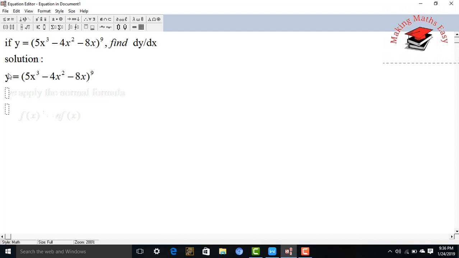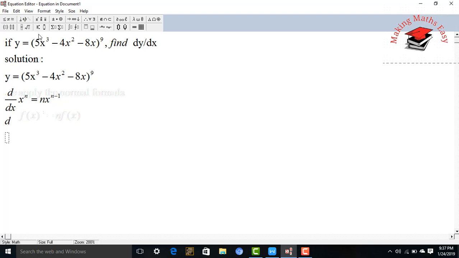In that we have the first formula: the derivative of x raised to n is d by dx of x raised to n, equal to n into x raised to n minus 1. So this formula we are going to use in this case.